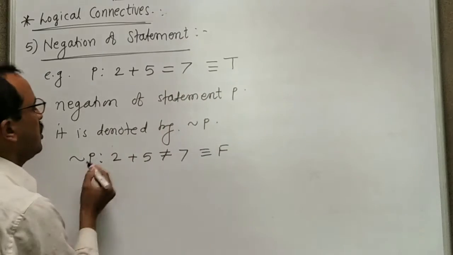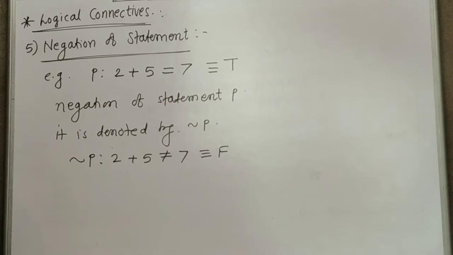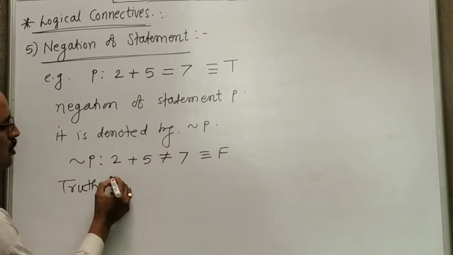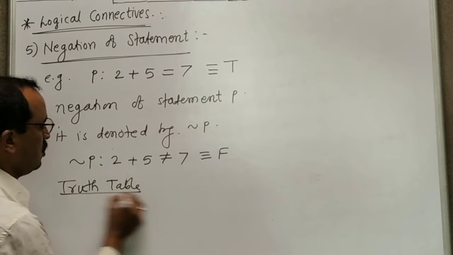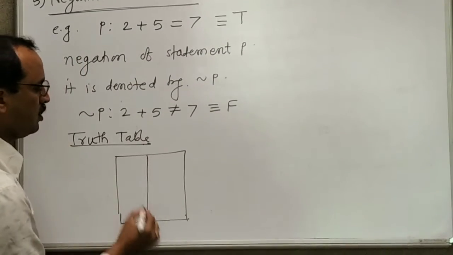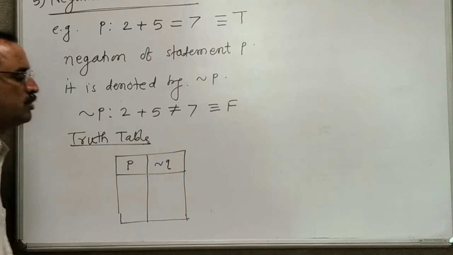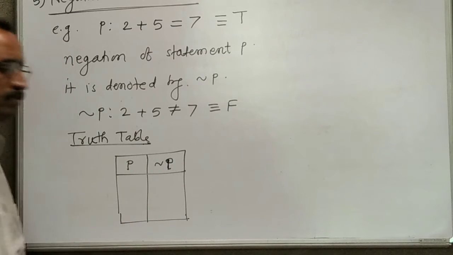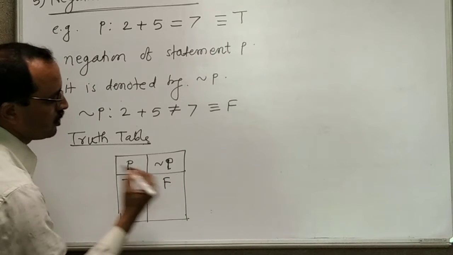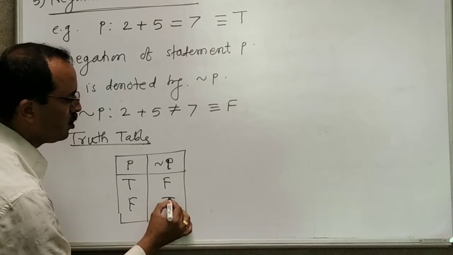Means if P is true, negation P is false. Similarly, if P is false, then negation P is true. So I write a truth table for negation. Here we consider one statement, so there are two possibilities only. The statement is P and we write its truth value, and the second column is negation P. So if P is true, negation P is false, and if P is false, negation of P is true.